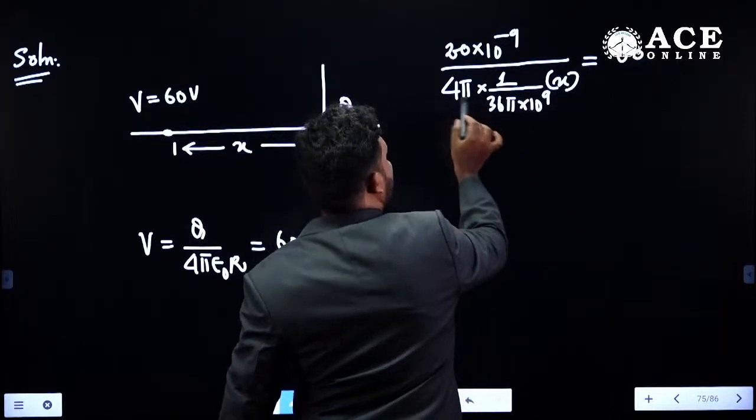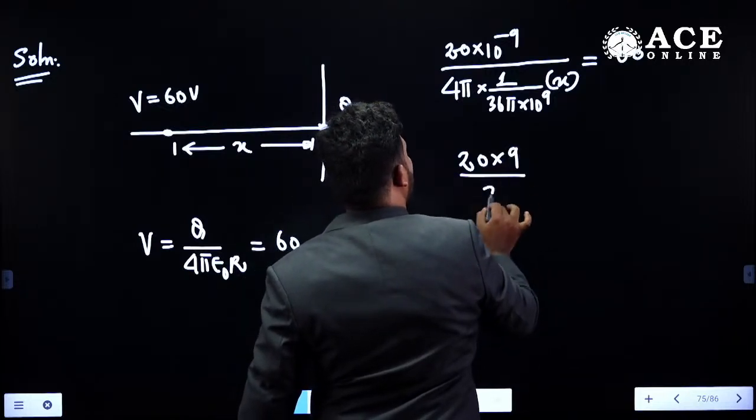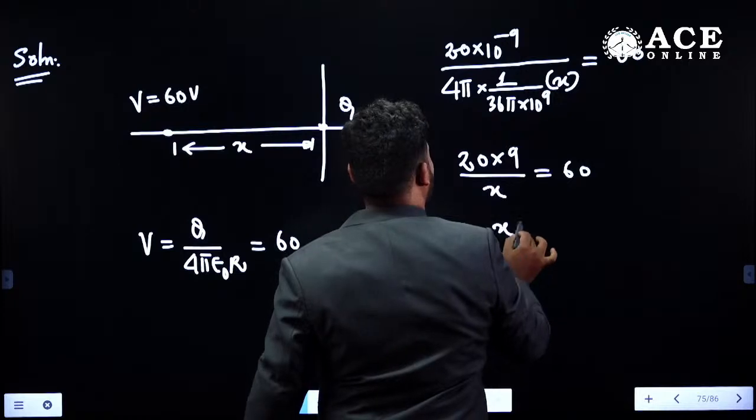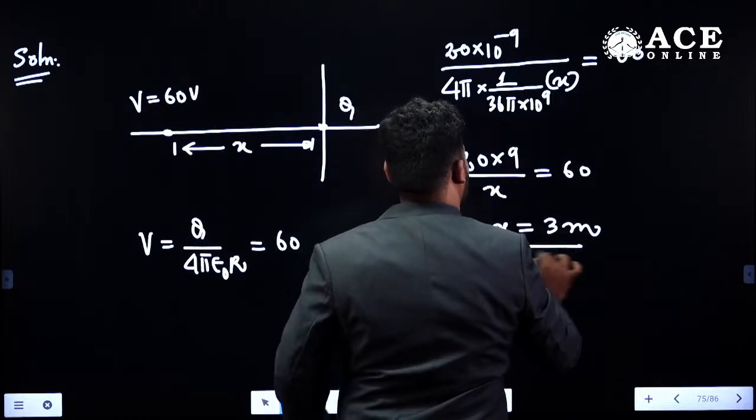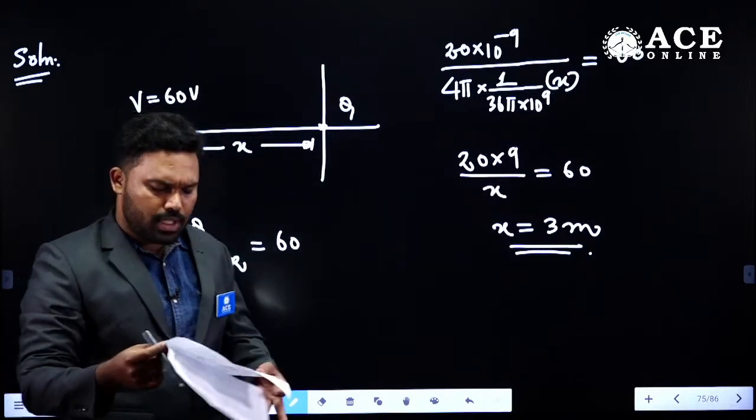Fine, so this will be 9, and you can take into the numerator 20 into 9 divided by X, which is equal to 60. So you can check that X is equal to 3 meters. Correct? Directly a formula based question. Option A is the answer.